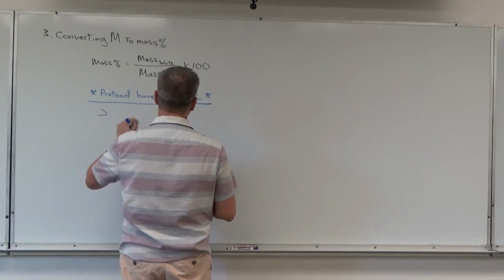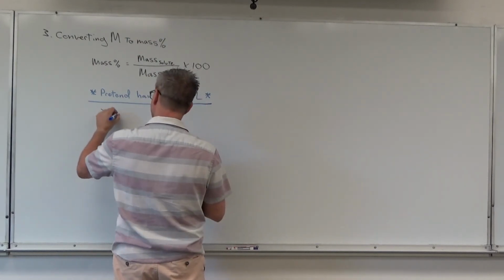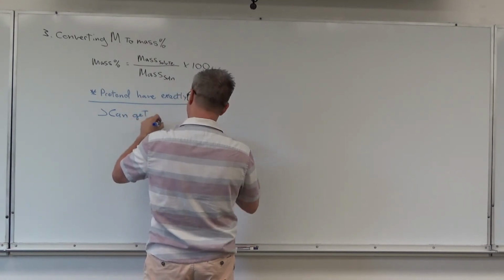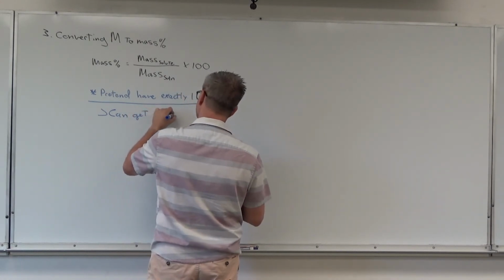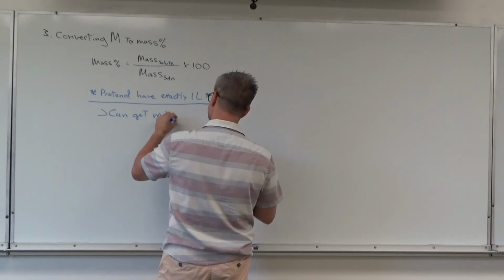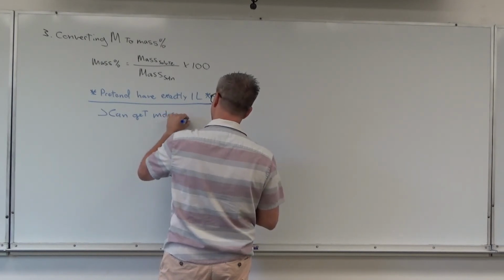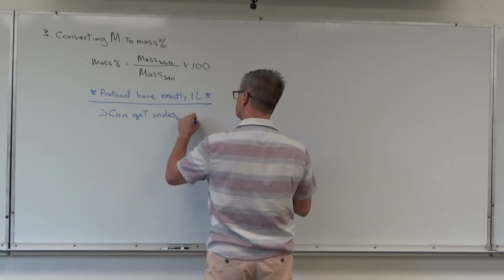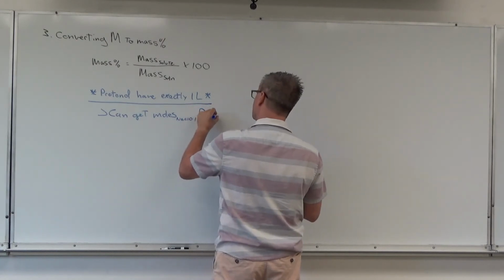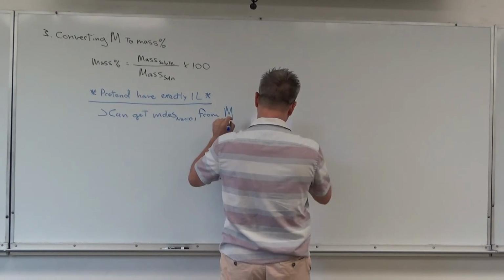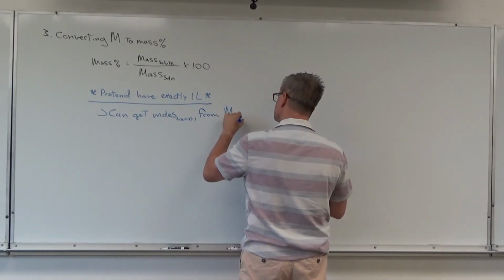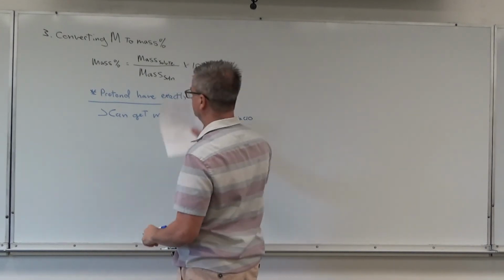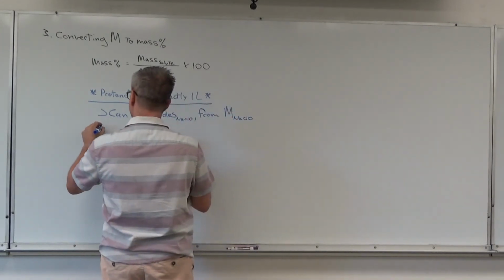So if you pretend you have 1 liter, then you can get the moles of sodium hypochlorite from capital M, which always means molarity of sodium hypochlorite, which is what we just figured out above.